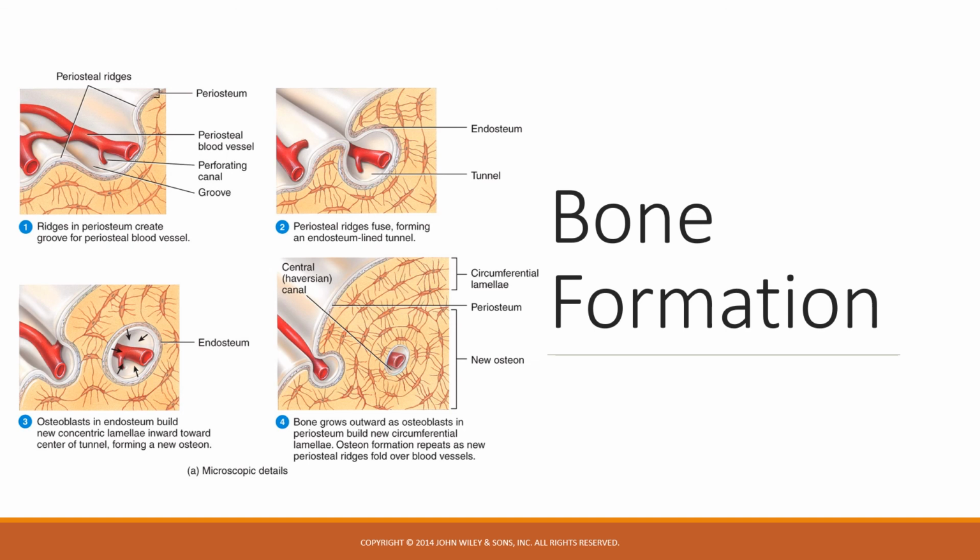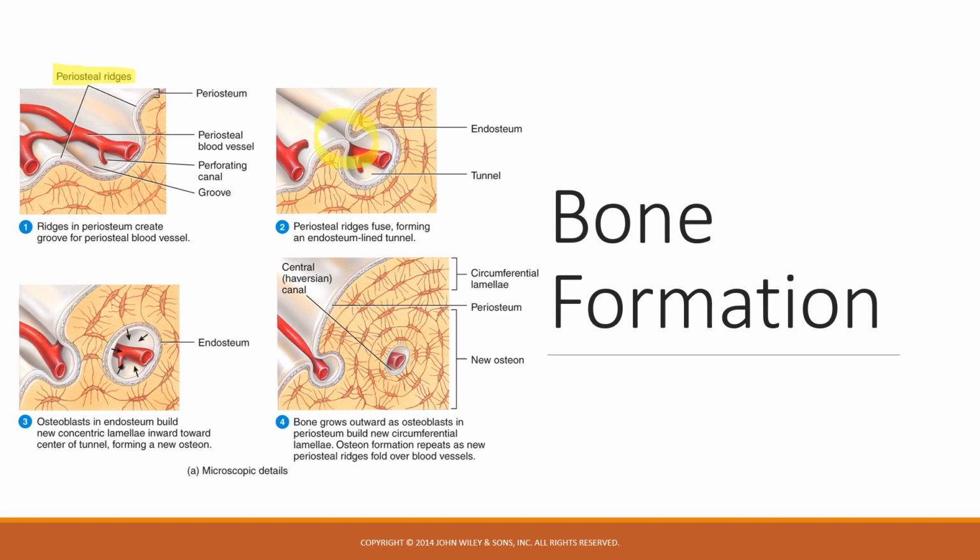So this process forms bone ridges on either side of a periosteal blood vessel. So here we have these periosteal ridges. This is going to be creating width or thickness in the bone. So eventually, these ridges will come together and fuse together, as you can see here.